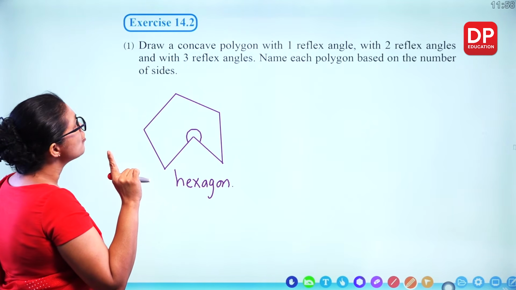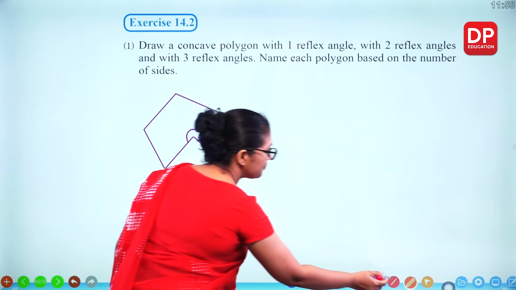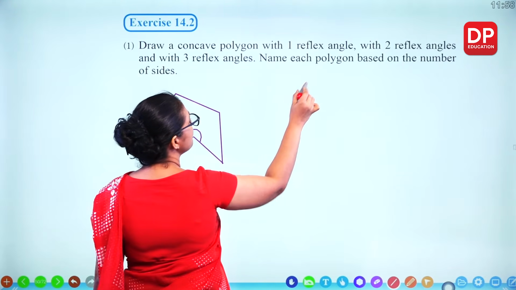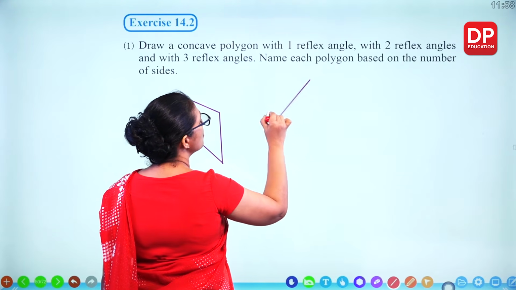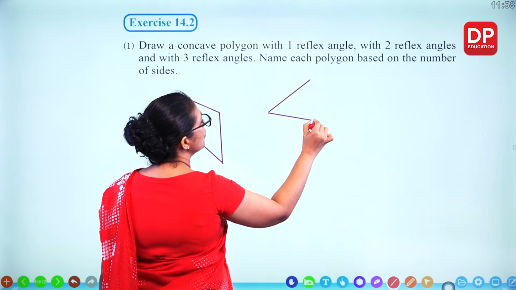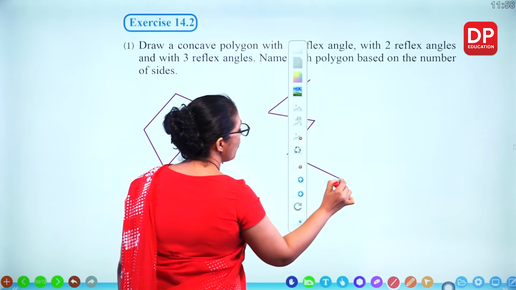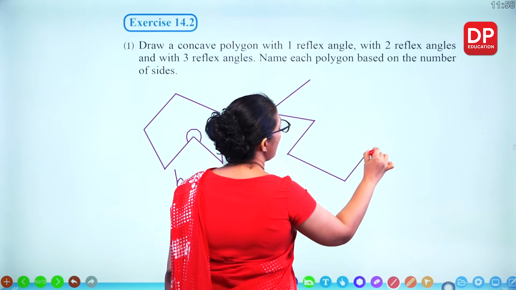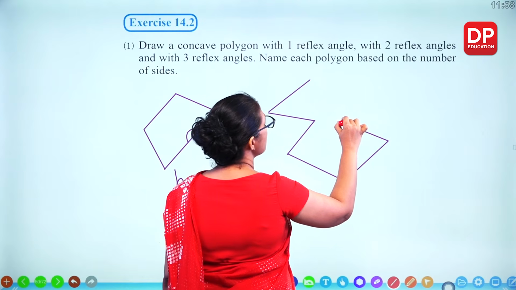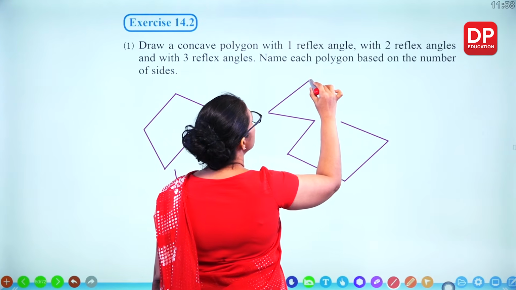And we need to draw 2 reflex angles. We'll try to draw 1, 2, 3, 4, 5, 6, 7.